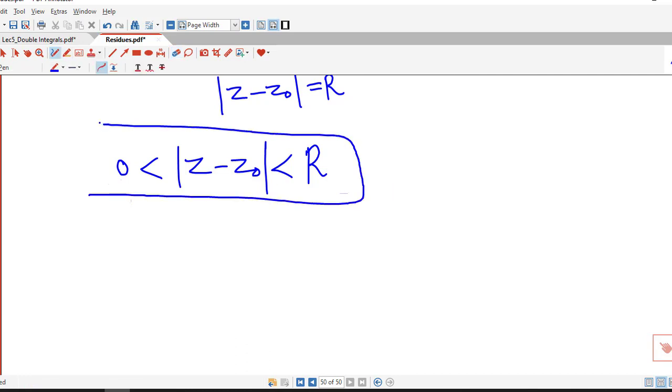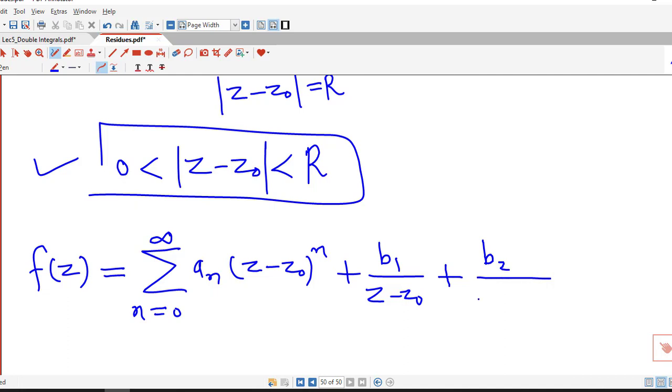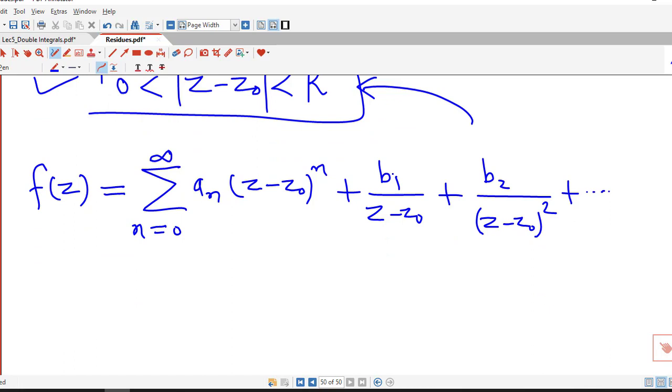So f of z can be represented as a Laurent series expansion in powers of z minus z0. Here we have b1 over z minus z0 plus b2 over z minus z0 square and so on. This is valid for every z in this deleted neighborhood.